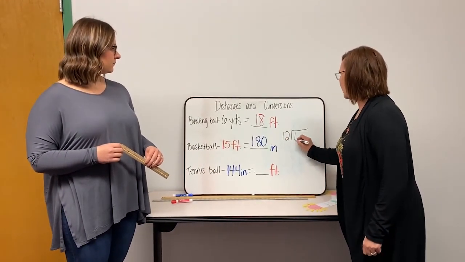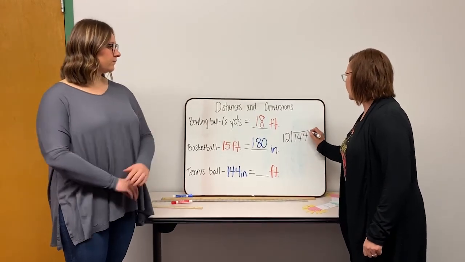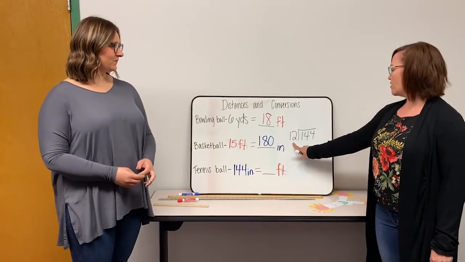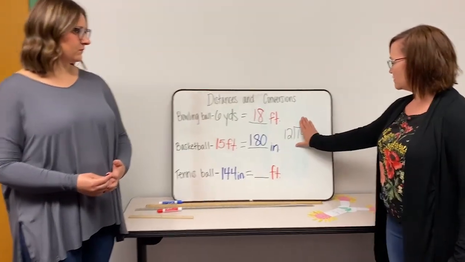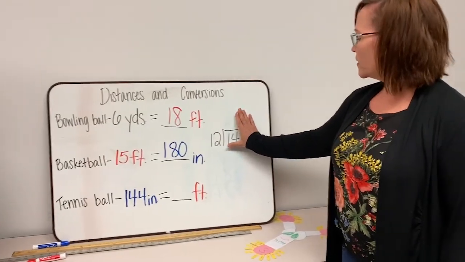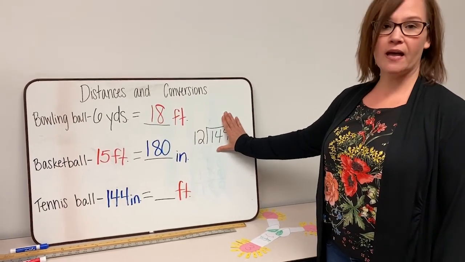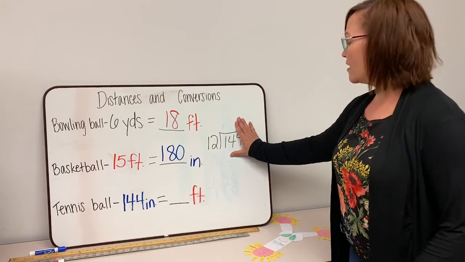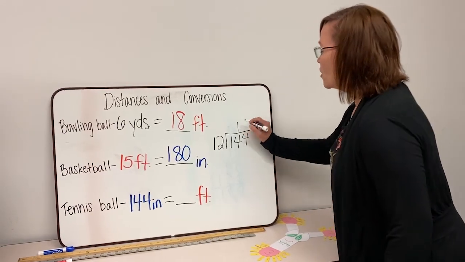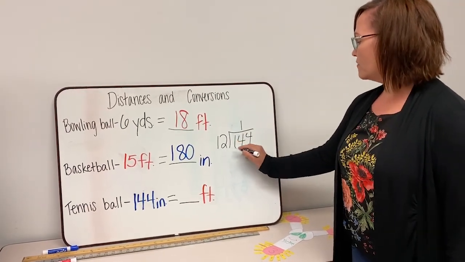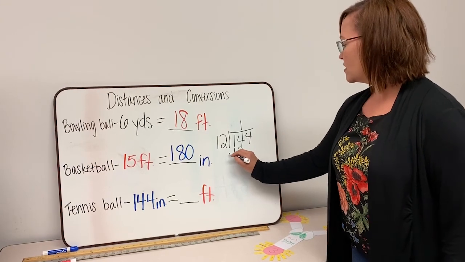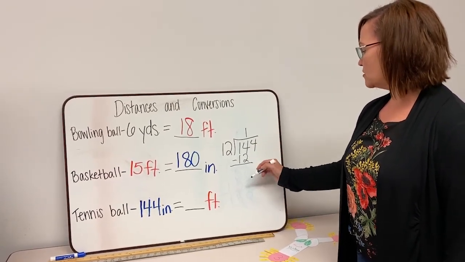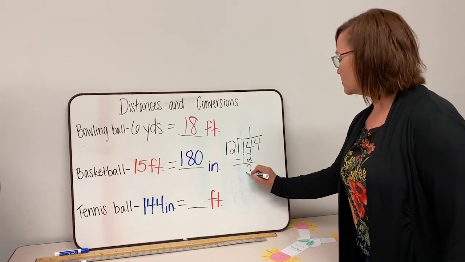12 into 144. How many times does 12 go into 1? It doesn't. So we got to move it on over. How many times does 12 go into 14? That's right, 1 time. 1 times 12 is 12. Subtract it out. 14 minus 12 is 2.